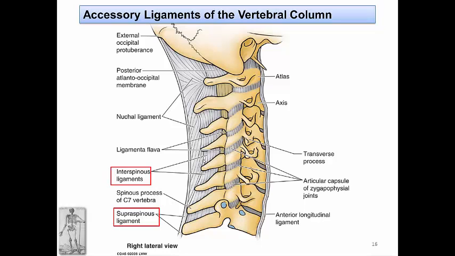As the name suggests, they are in between the spines of the vertebrae. And then there's the supraspinous ligament, which is actually a really strong ligament. It then blends with this ligament here, which is called the nuchal ligament. It's a strong and pretty broad median ligament, and it will provide attachment for some of the muscles in the back of the neck.